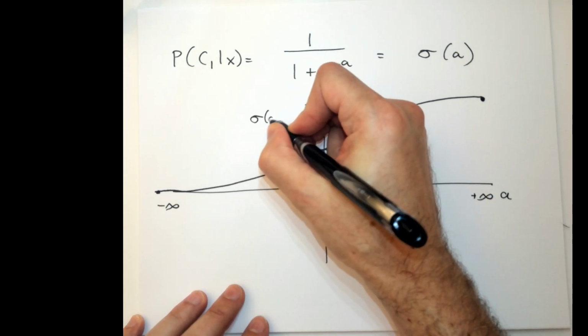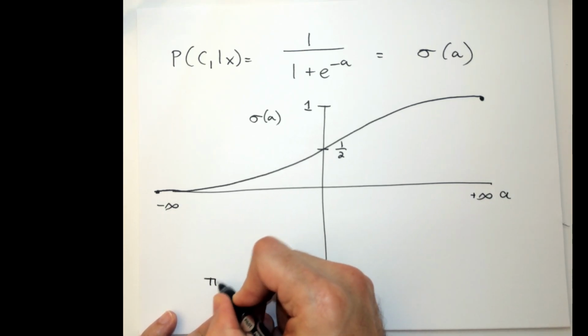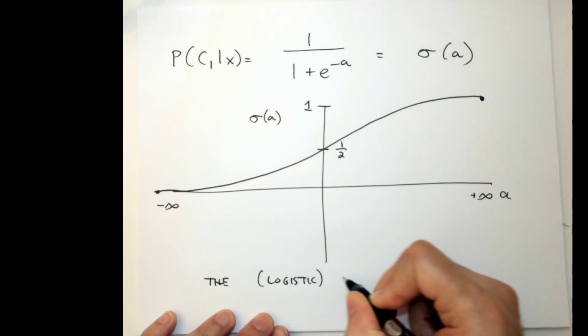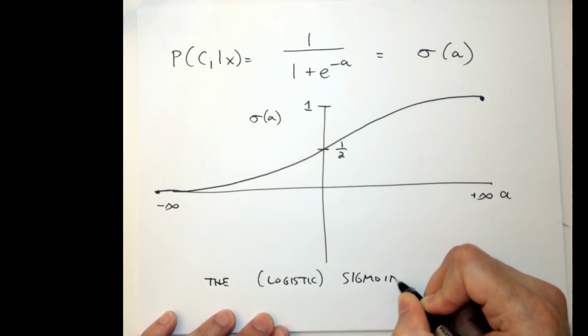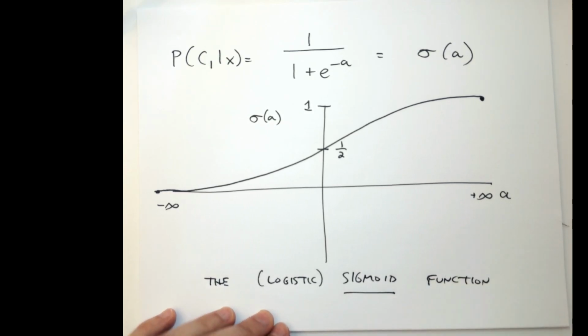Okay. So this function is called the sigmoid function. And sometimes, just to be really clear, it's called the logistic sigmoid function. And it's called sigmoid because it looks kind of like an S. S for sigmoid.